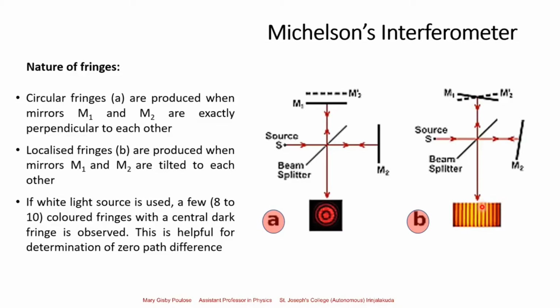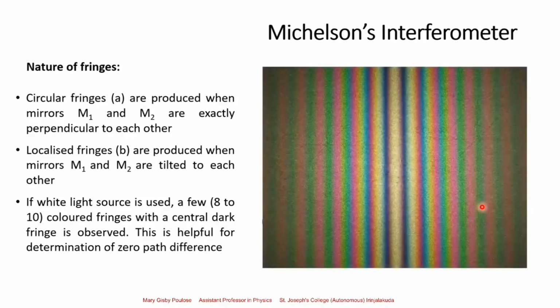Here I've written just 8 to 10 colored fringes. That is a very small number of fringes with a central dark fringe. This is helpful if we need to determine the exact position of zero path difference. And the fringe pattern will be of this nature.